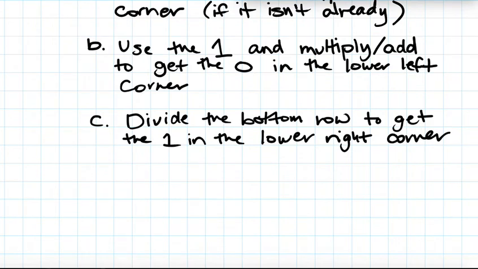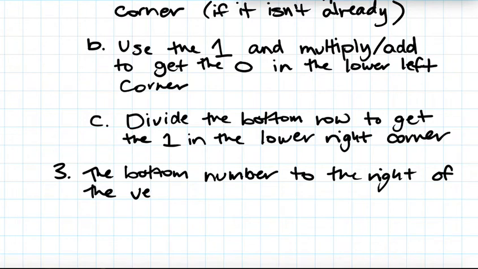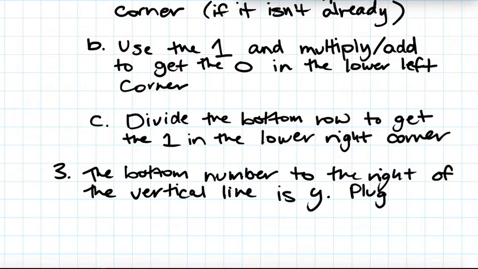Once the matrix is in row echelon form, the bottom number to the right of the vertical line is y. And then we're going to plug into the top equation.